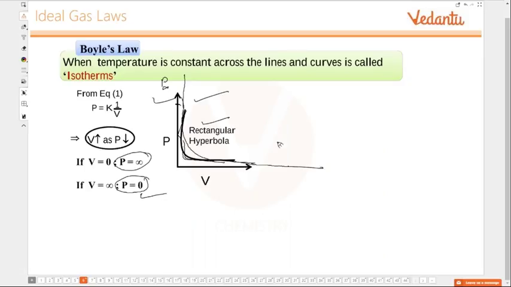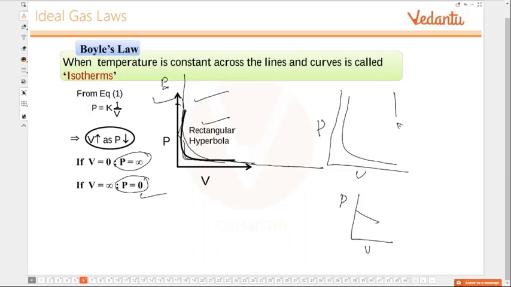Now the question still remains as to why we are getting a graph like this, pressure versus volume, a hyperbolic graph. Why are we not getting a linear graph? That question still remains, isn't it? This is because when pressure increases, volume decreases, we said.